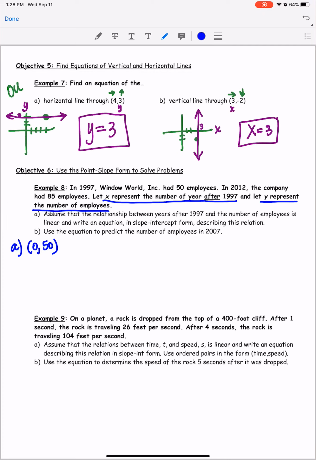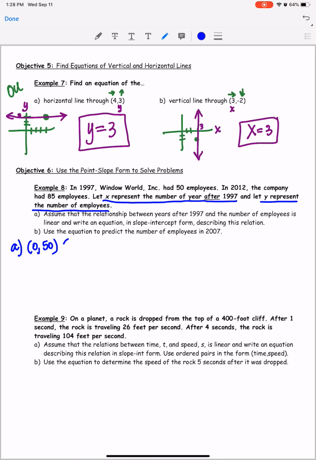Your second ordered pair says in 2012, we had 85 employees. So do the same thing. What is 2012 minus 1997? And we get 15.